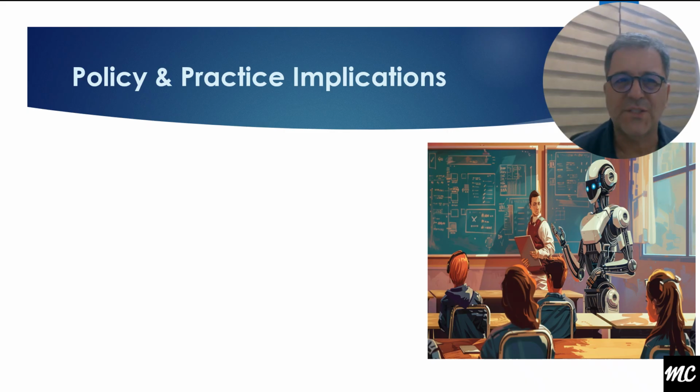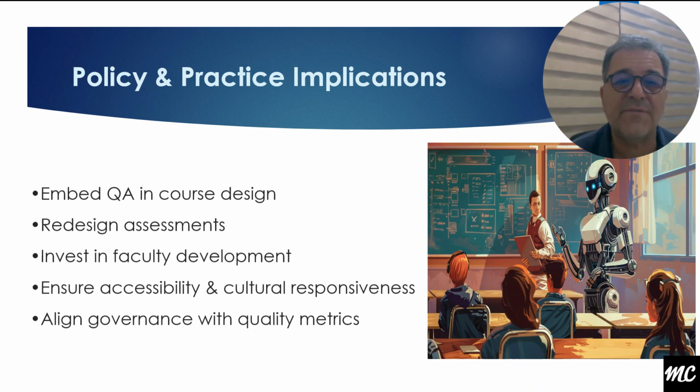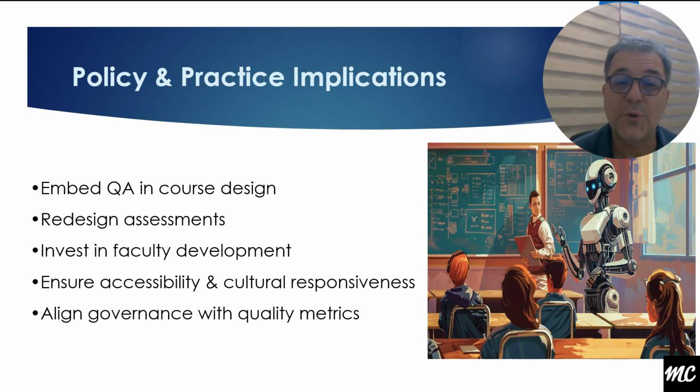As for implications, or to move forward, institutions should support faculty professionally, redesign assessments for integrity and authenticity, integrate quality assurance from the beginning, invest in faculty development, build inclusive, accessible infrastructure, and align governance structures with quality frameworks.